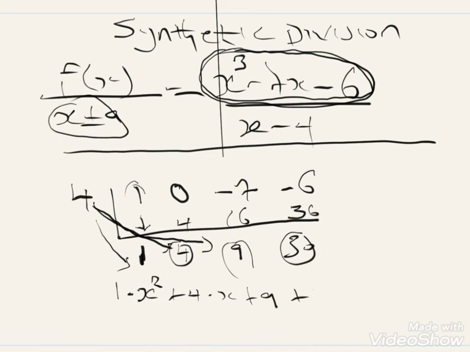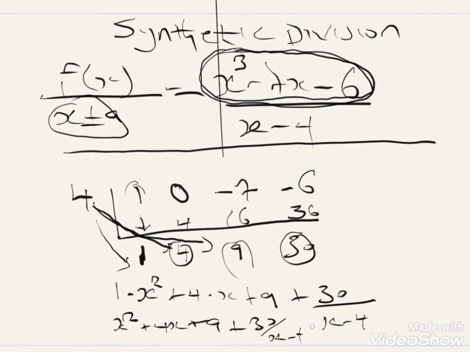Then plus this 30 here is now a remainder all over the factor x minus 4. So 1 times x squared is x squared, plus 4x plus 9, plus 30 over the linear factor x minus 4.